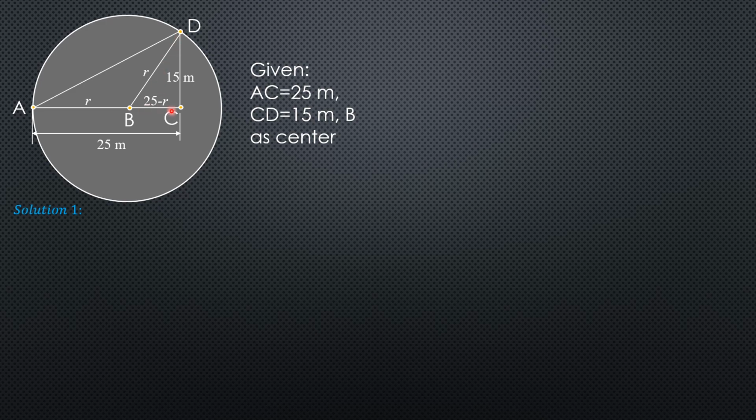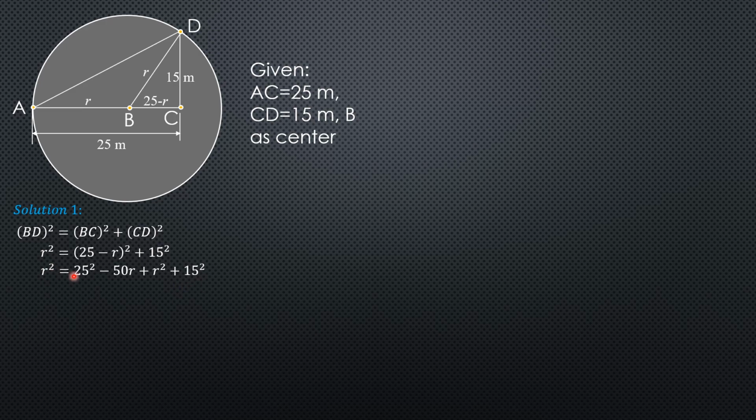So from this right triangle, hypotenuse square, BD square, equals BC square plus CD square. That's Pythagoras theorem. So BD is R square, then equals quantity 25 minus R square plus 15 square. So expanding 25 minus R square, it is the square of the first, twice the product of the terms of this binomial. So 2 times 25 times negative R, negative 50R, then square of the second term. So R square equals 25 square minus 50R plus R square plus 15 square.